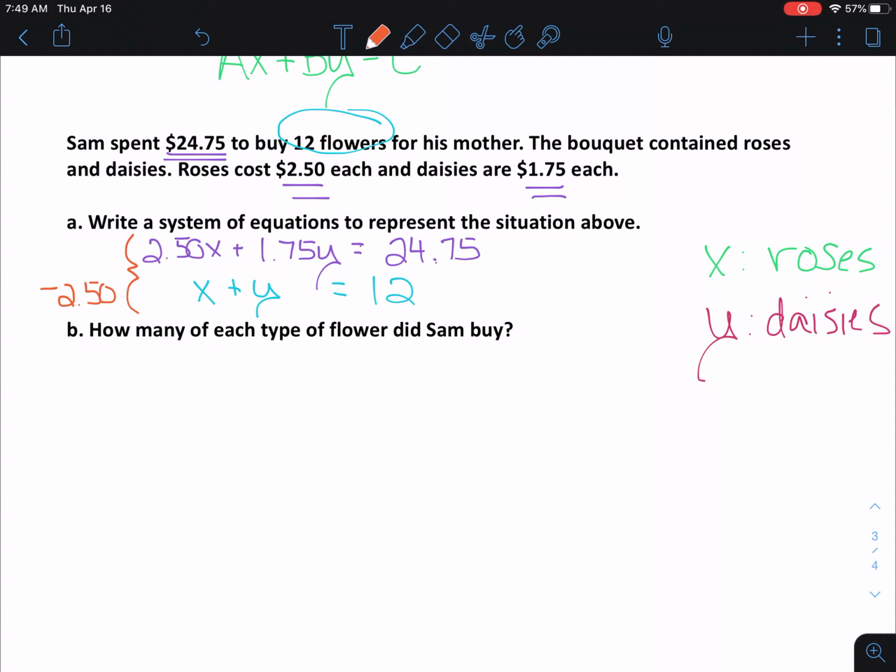So I'm going to copy the first one: 250x plus 1.75y equals 24.75. Now the bottom one is going to be negative 250x minus 250y equals negative 30.